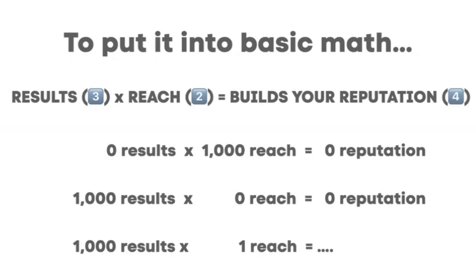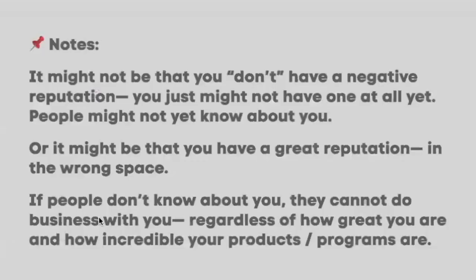If you have 1,000 people that have results, but there's no reach, nobody following, zero reputation. If you've got 1,000 results and one reach, now you have a reputation score of one. You see how this goes? All of these are important. Results times reach builds your reputation.